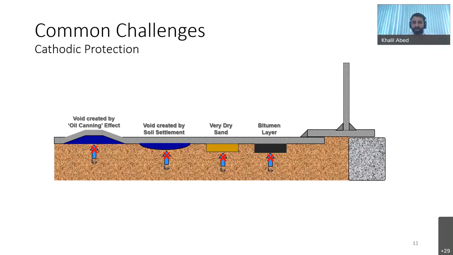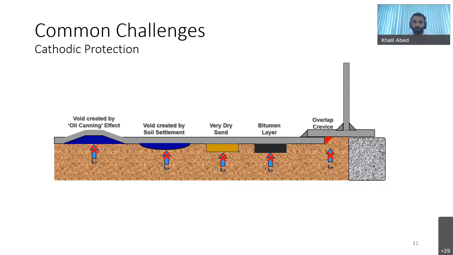Not to mention that a bitumen layer or oily sand layer works as an insulator for cathodic protection. API 651, for example, discourages the combination of cathodic protection and a bitumen layer or oily sand layer, because it insulates or shields the CP current from reaching the tank floor.